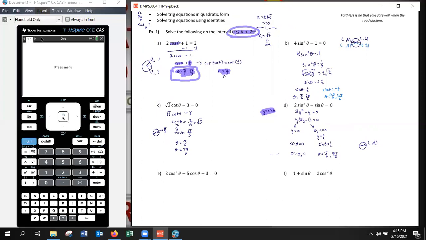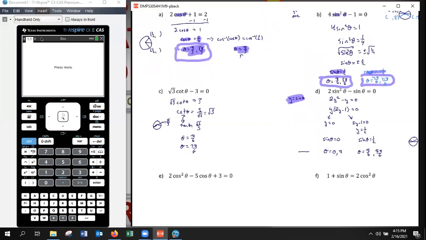Now, when I looked at part B, I have the sine of theta, but it's not just the sine of theta, it's the sine squared. So each sine is going to give me 2 different potential solutions. So I was expecting 4 solutions out of that problem. On part C, it was just cotangent, and cotangent ends up having solutions twice. That was the pi over 6 and the 7 pi over 6.